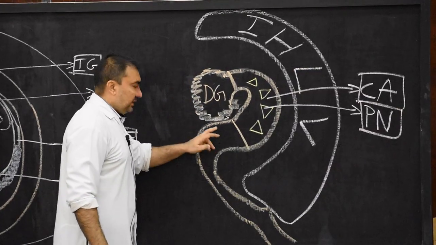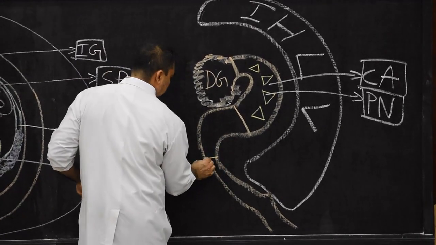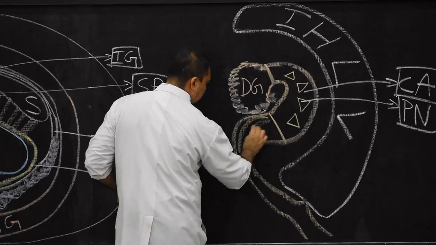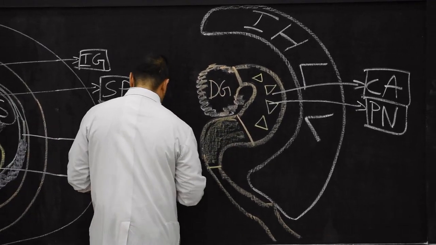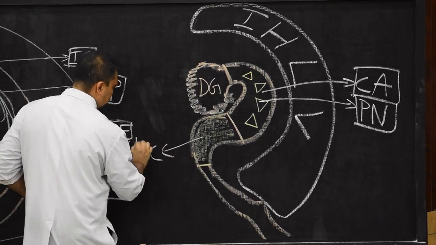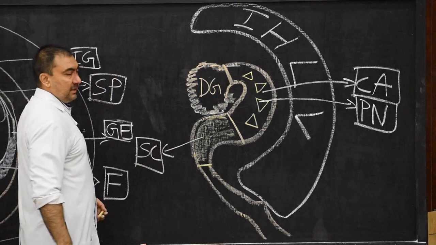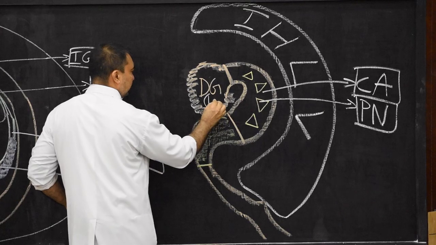Third will be subiculum. So therefore, the third which we have, this area will be known as the subiculum, and therefore we will write this area as subiculum, S-U-B-I-C-U-L-U-M. So the first structure of hippocampal formation is dentate gyrus.